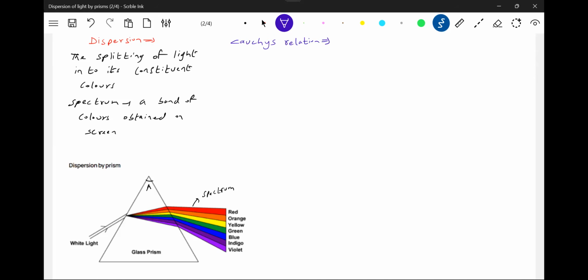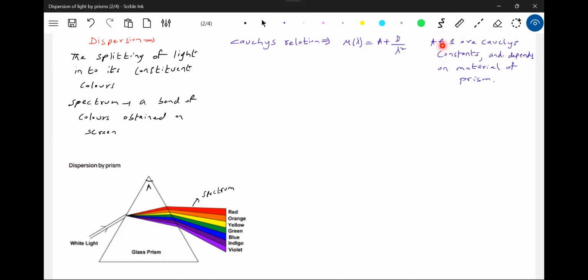According to Cauchy's relation, the refractive index of a material, mu of lambda, depends on the wavelength, where A and B are Cauchy's constants and depend on the material of the prism. For different materials, the values of A and B will be different.